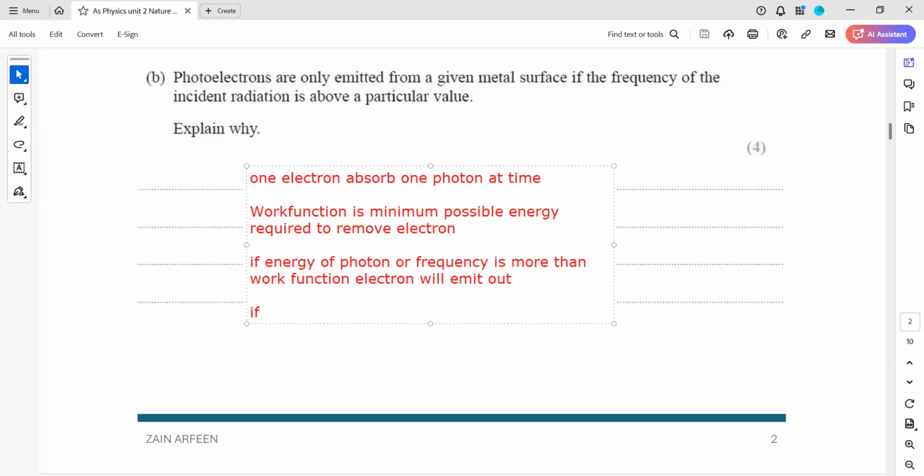But if the energy of the photon or the frequency is less than the work function, then there is no photoelectric effect.